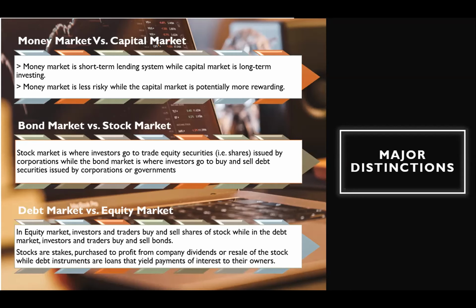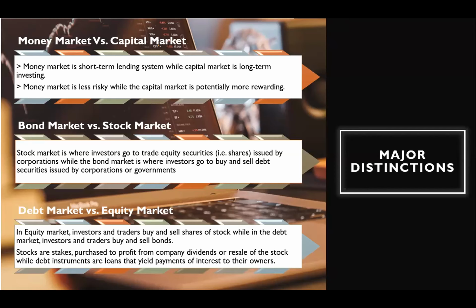Next is bond market versus stock market. A bond is a loan investment, which means an investor is actually loaning money to an entity, like a company, government, or municipality. A stock, on the other hand, is an ownership investment wherein an investor who purchases stock actually owns a piece of that company.